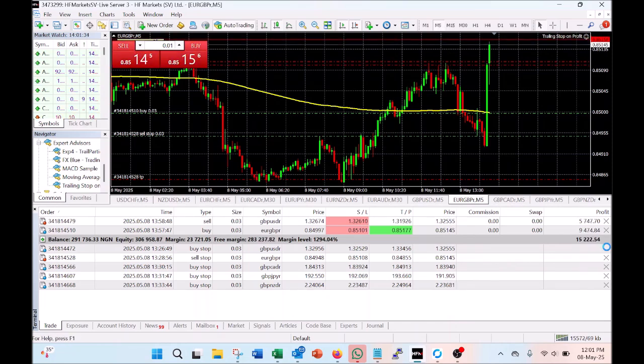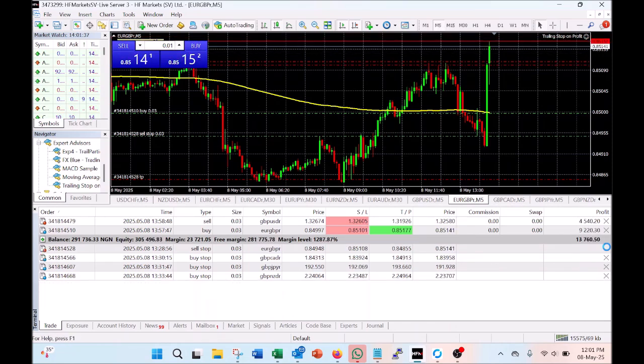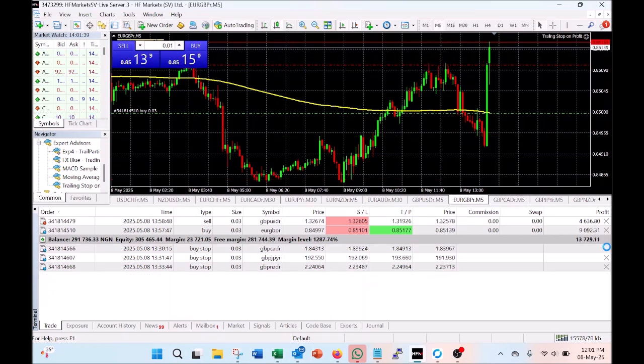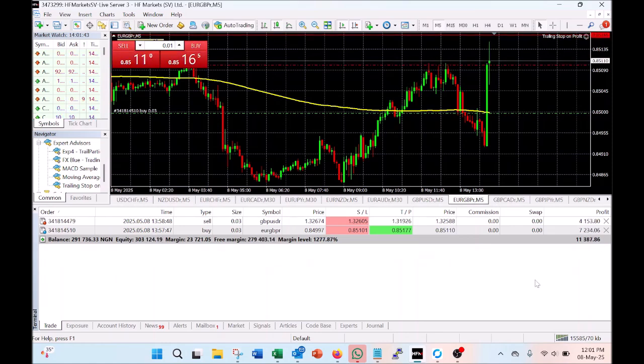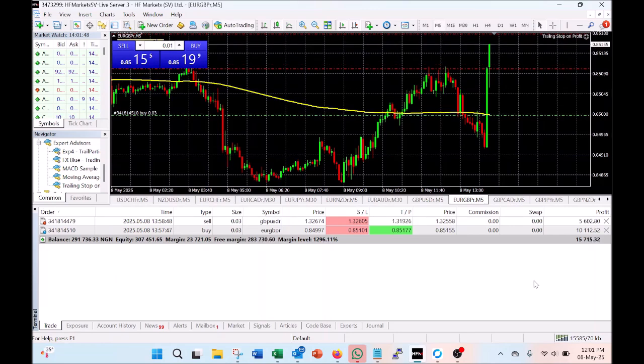So I'm going to close all other pending orders because at this point, I don't expect price to retrace. I just have to bank what I've just traded now. And this looks like a very good run.